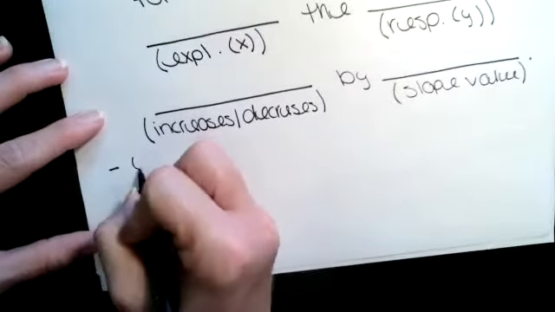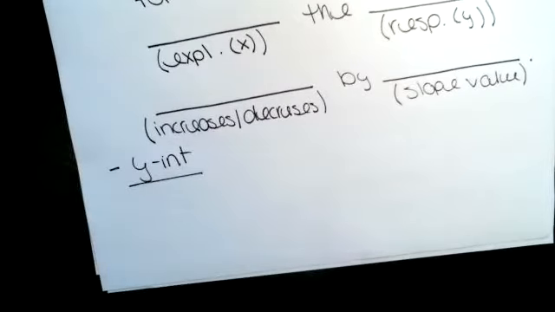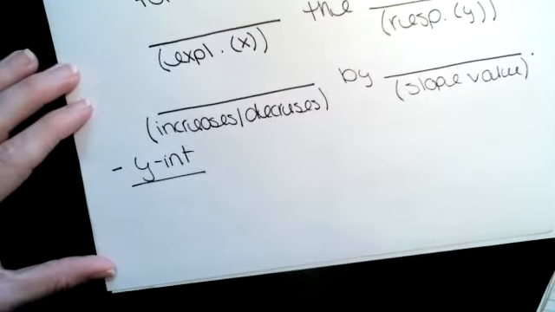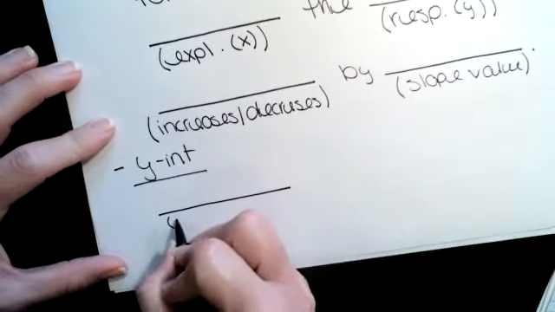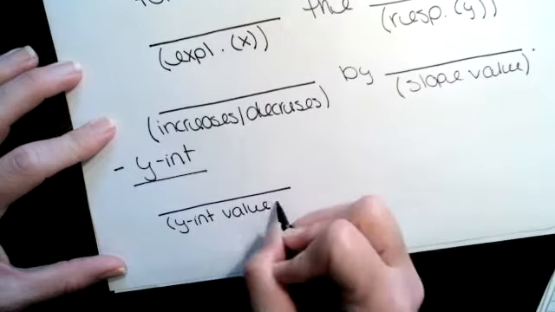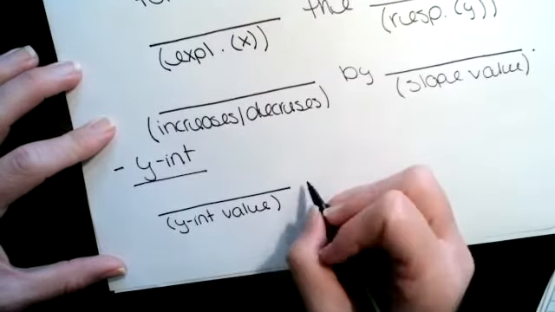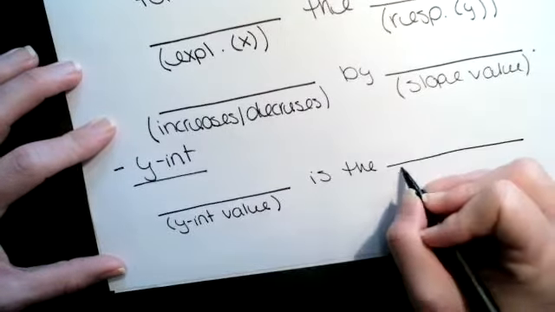Let's talk about the y-intercept. Again, it's the same meaning as in algebra. When x is 0, y is that value, okay? We're just going to put it in terms of the problem. So my y-intercept value, whatever b is, is the response variable.